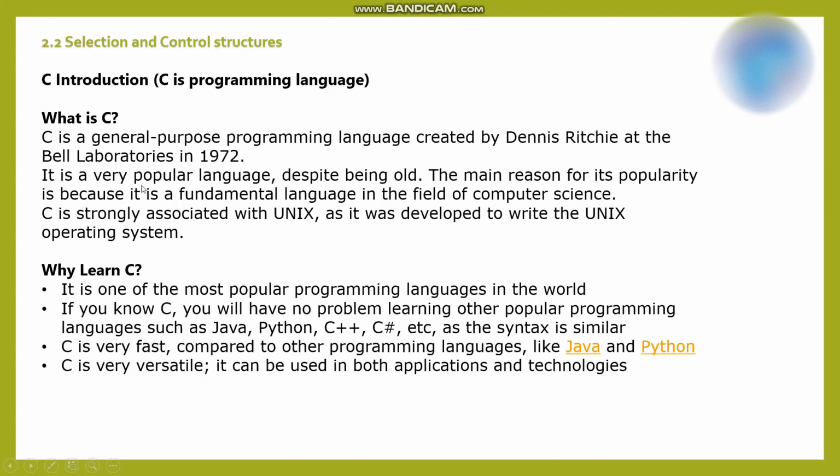Okay, it is a very powerful language, despite being old. The main reason for its popularity is that it's a fundamental language in the field of computer science. C is strongly associated with Unix as it was developed to write the Unix operating system.